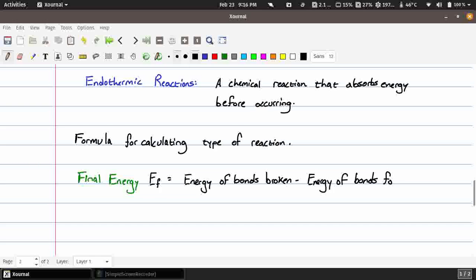Obviously, when I'm saying bonds, I'm talking about chemical bonds. So I'm going to just, right here, put reactant side. And then this would be your product side.